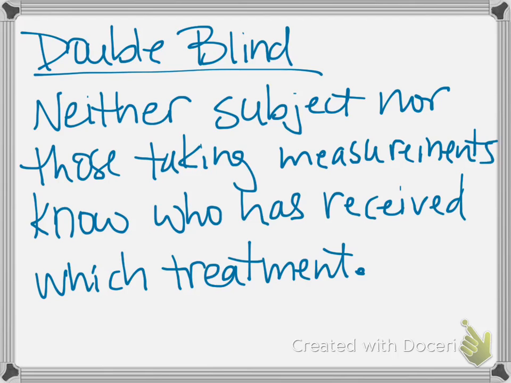Because you can sort of imagine a situation where if the researcher does know which treatment the subject has received, even unintentionally, they could say something, they could behave in such a way that would sort of tip off the subject to know whether or not they had received the drug or the placebo.